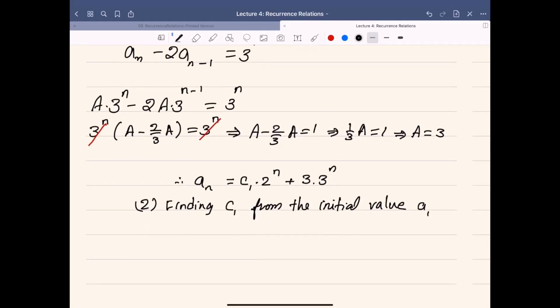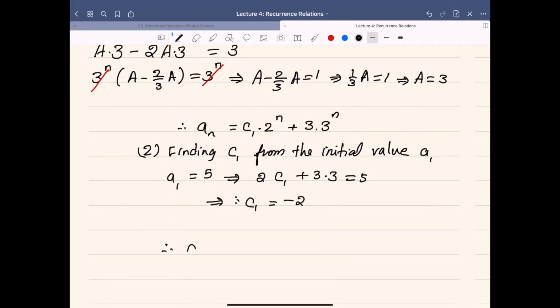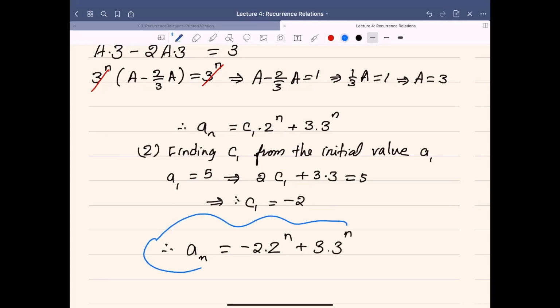If the initial value a1 is equal to 5, then we have 2c1 plus 3 times 3, which is 9, equal to 5. And from here, c1 is equal to minus 2. Therefore, an is equal to minus 2 times 2 to the power n plus 3 times 3 raised to power n, and this is the general solution.